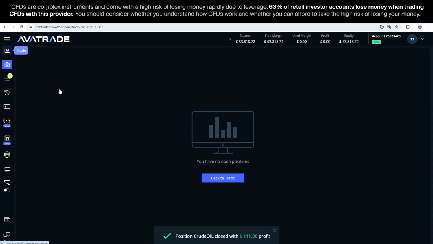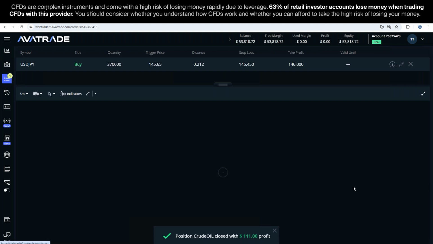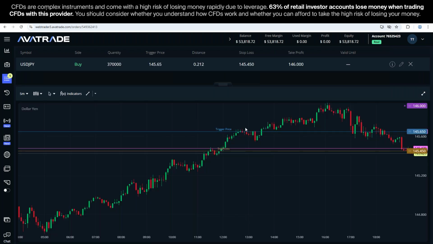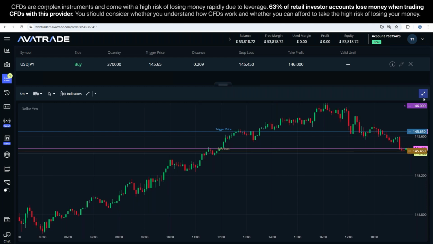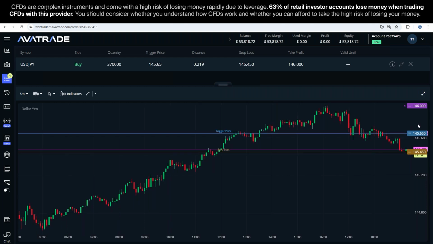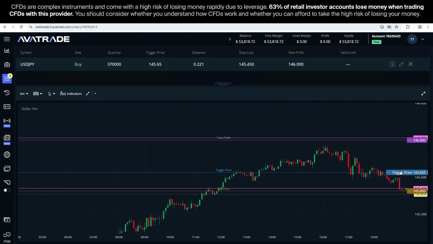Other trades, maybe you're being more patient with, and you're waiting for that entry point, like this one where we're waiting to see if there's a confirmatory uptrend to make us feel a little more comfortable about the movement, because as of right now, the smaller candles are showing a downtrend. So you wait for maybe a little bit of reversal, in this case, to come up and hit our trigger price before getting in. Because if you had just jumped right in on this one, for the last 10 minutes, it's been going the wrong direction.